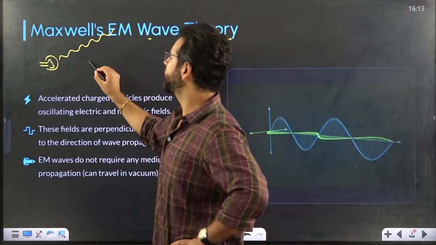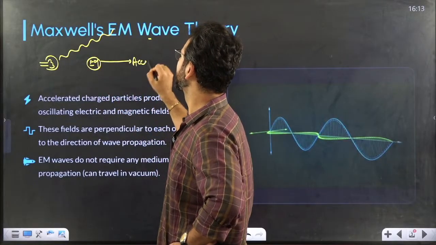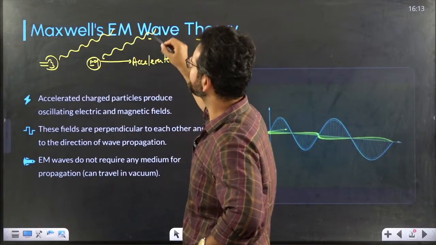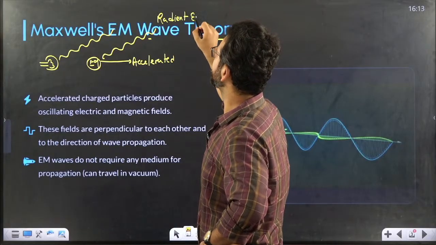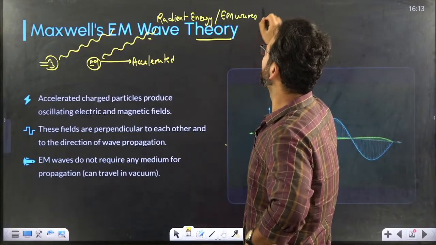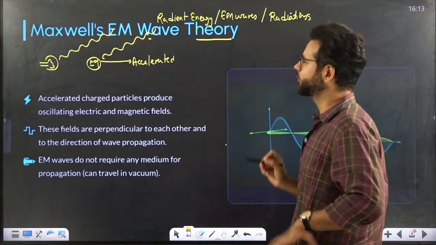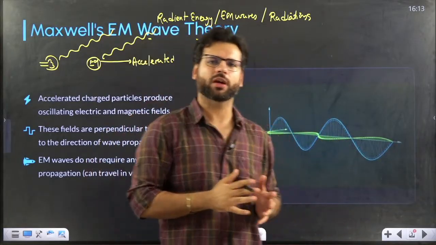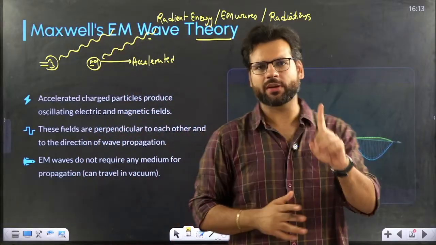Or whenever any charged particle of plus or minus q charge is accelerated, then also it releases some energy continuously. He is calling this energy radiant energy. He calls it electromagnetic waves, or he calls it radiations. Okay, all of them mean the same thing. So first, he says you generate these radiations either by heating something, or you can accelerate a charged particle like an electron. Number one point is clear.